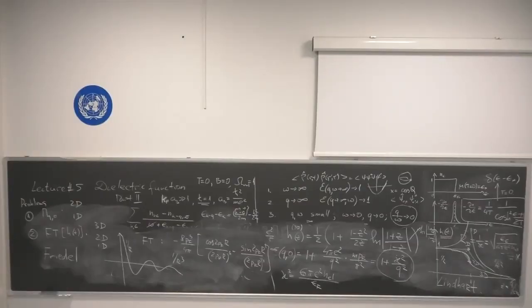Is your question whether there is always a singularity at 2k_F? Please repeat your question. Yes, there appears to be a discontinuity at the Fermi momentum. Twice the Fermi momentum, not the Fermi momentum, because it is Q divided by 2k_F, and 1 corresponds to Q equal to twice the Fermi momentum. Oh, okay. Yes. Okay, that's it. Thanks.